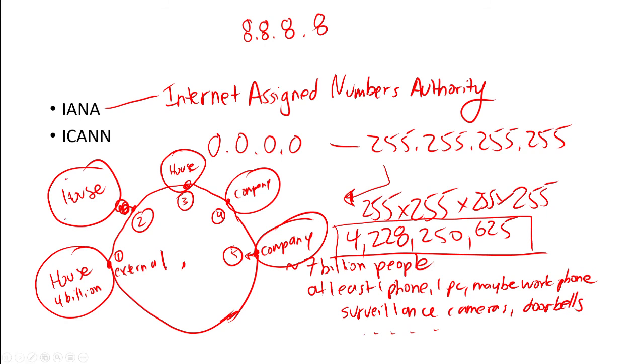Because I don't need to know, this company might have 20,000 computers on its network, and I don't need to know the address of that computer. As long as I know the external address of that company's network, I can send the traffic. And the router at the edge of that company's network can figure out how to send it inside. It's like the company has a mailroom.